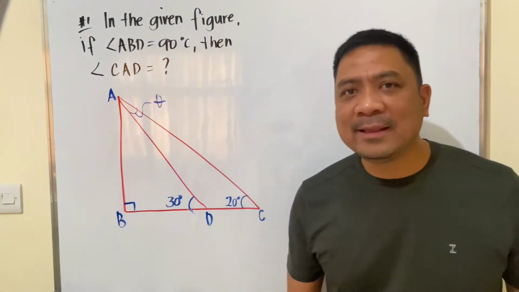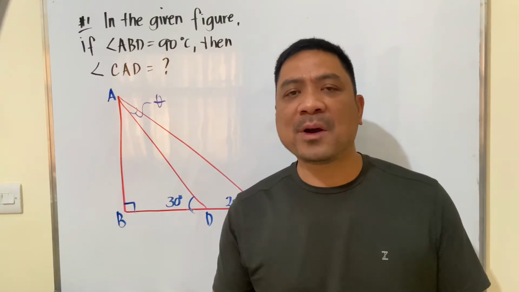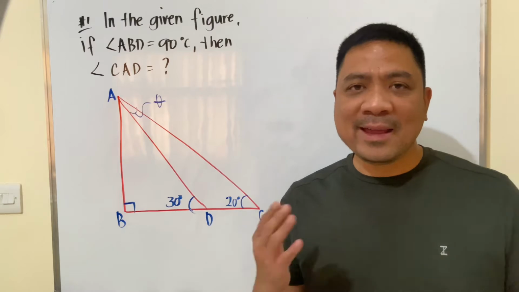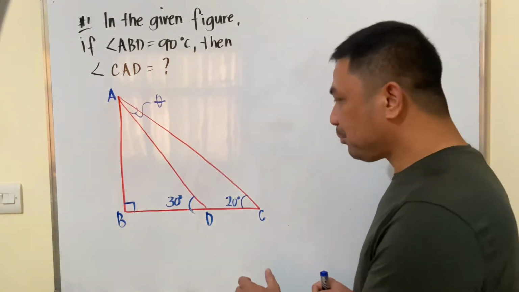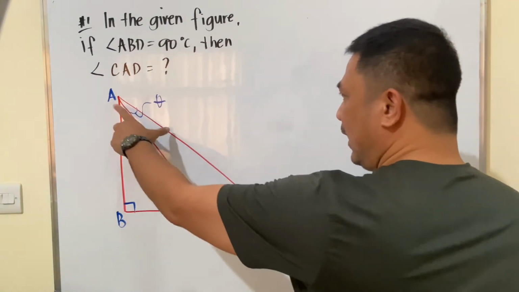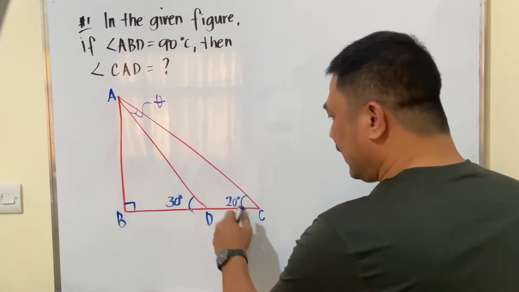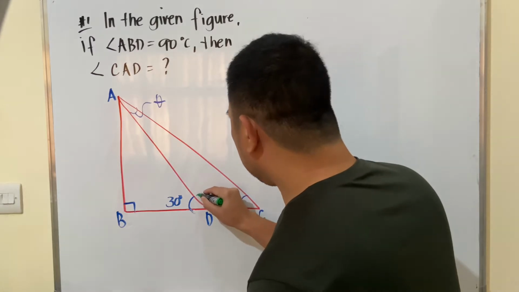Again, we had a quick review earlier of our basic angle properties. We say that in a triangle, all interior angles must sum to 180 degrees. So let's try. In angle CAD, we don't know this angle here.